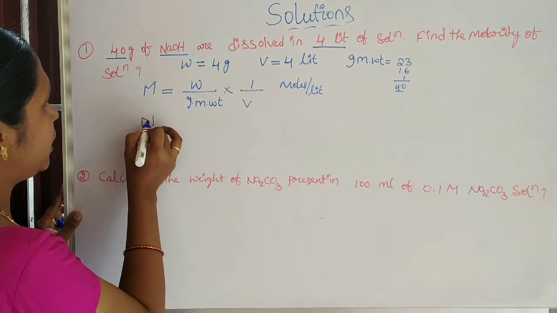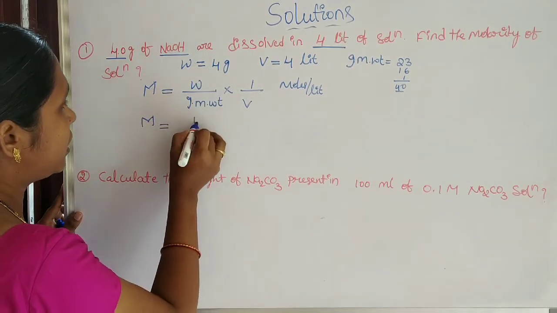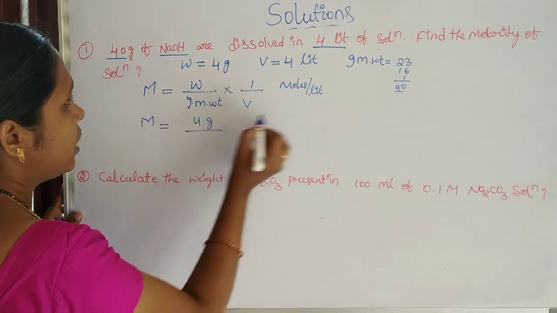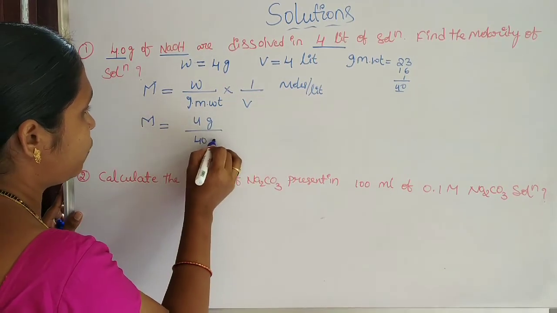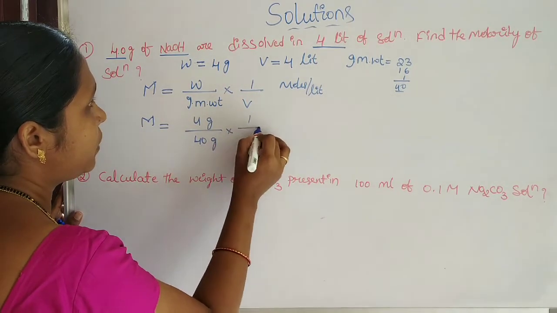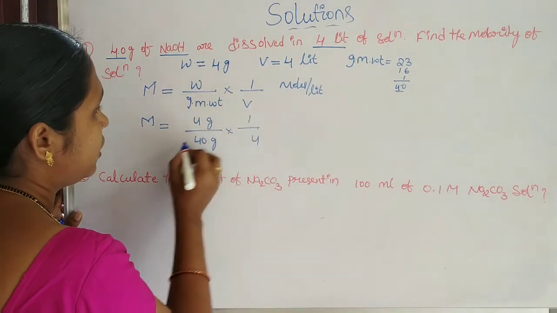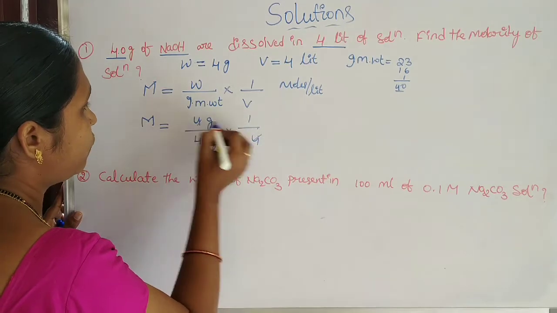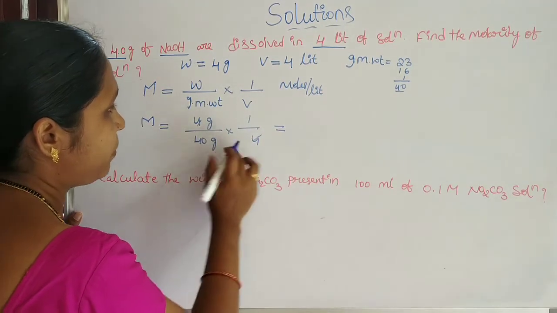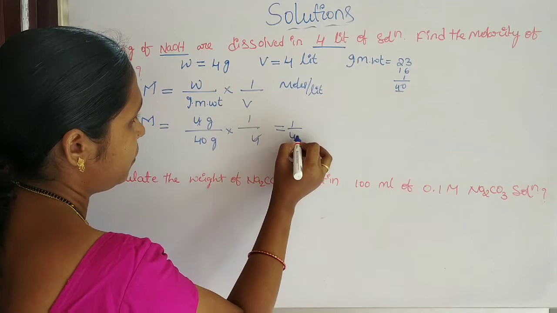So molarity equals 4 grams divided by 40 grams, into 1 divided by 4 liters. Here 4 will be cancelled, leaving 1 by 40.